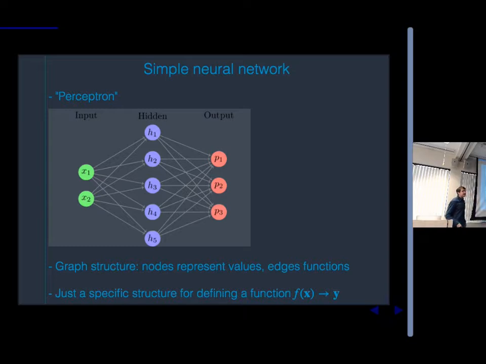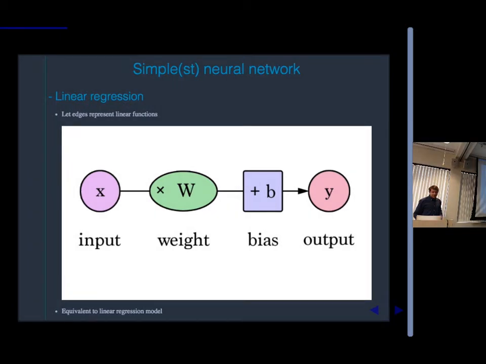So it's really just a certain kind of structure for defining a function f that takes our inputs and goes to some outputs. But we have these intermediate layers that are going to serve the same role as neurons in the human brain, maybe, if we play our cards right. Okay, so stepping back even more, this is literally, I think, the simplest possible neural network.